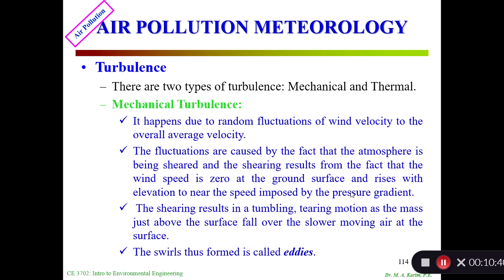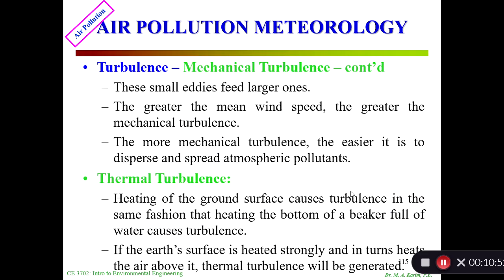The shearing results in a tumbling, tearing motion as masses just above the surface fall over the slower moving air at the surface. The swirls thus formed are called eddies, and the small eddies feed larger ones. The greater the mean wind speed, the greater the mechanical turbulence. The more mechanical turbulence, the easier it is to disperse and spread atmospheric pollutants.